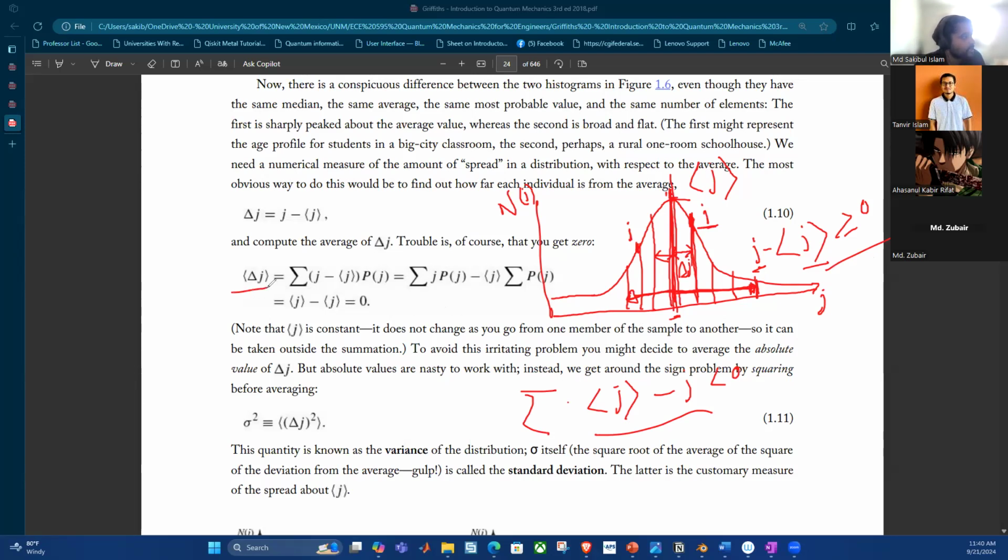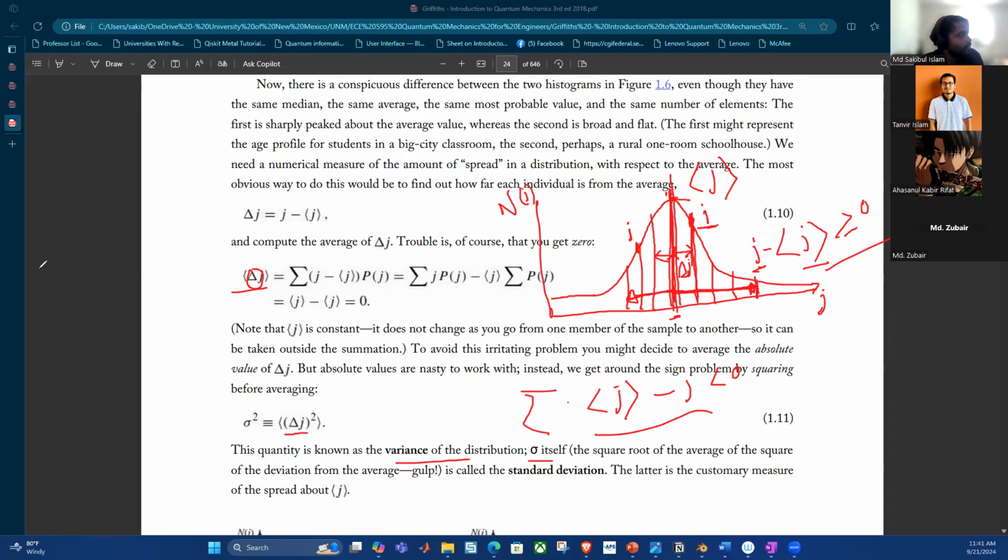Okay, so that is the average of the spread j in a distribution. Right now, if we square this variable, the spread, and then do the average, the square of the spread, the average of the square of the spread, that is the variance.